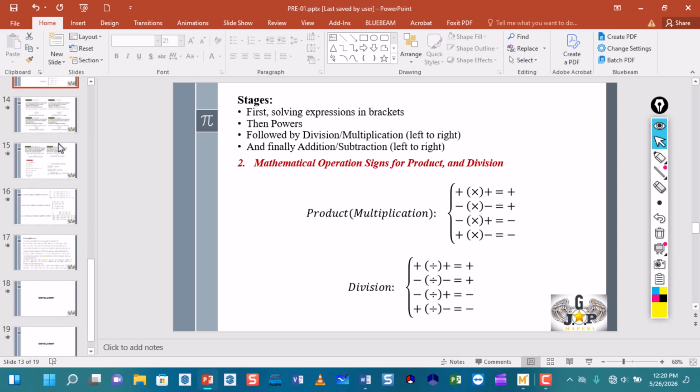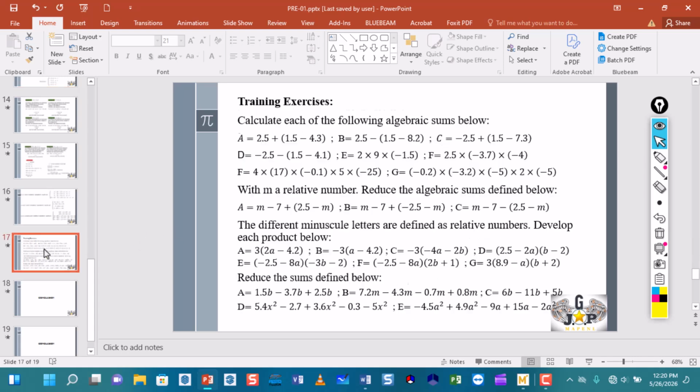I'll be attaching this PowerPoint file to the video for better scrutiny, for better understanding, and for repetition, for more adaptation to this revision.